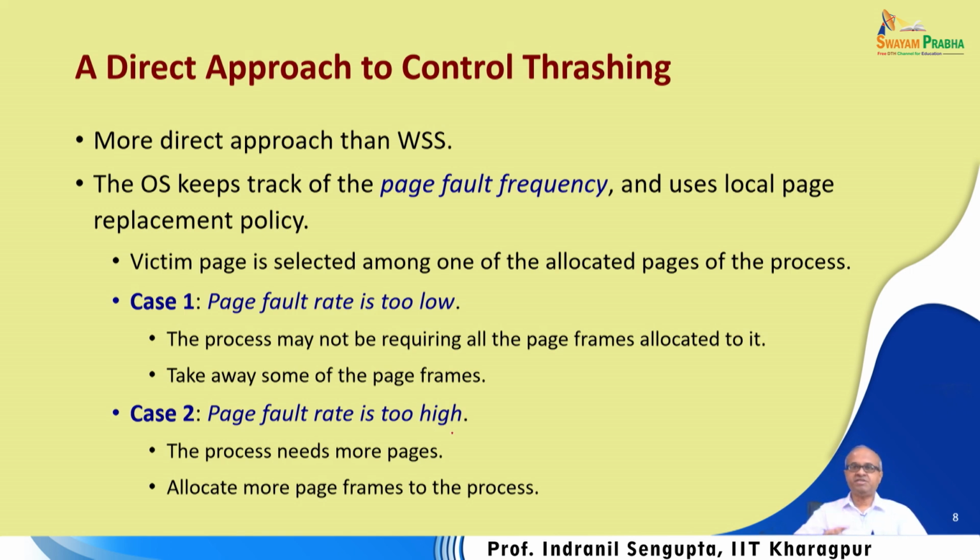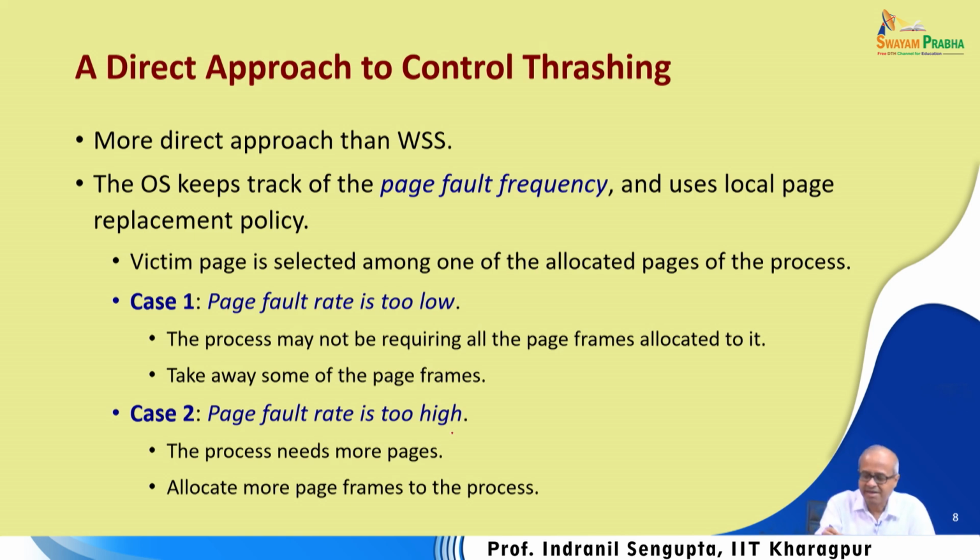Now instead of working set, we can have a more direct approach. See, ultimately what we are trying to do, why we discussed working set, we want to know what are the pages we need to keep in memory, so that thrashing can be controlled. We can have a more direct approach. So how we do that?